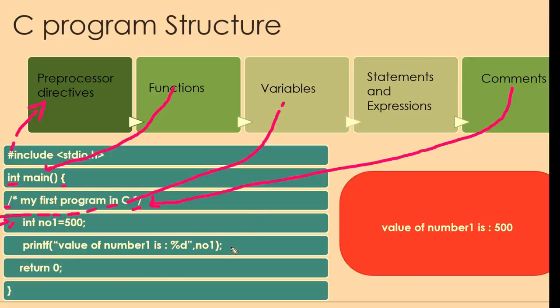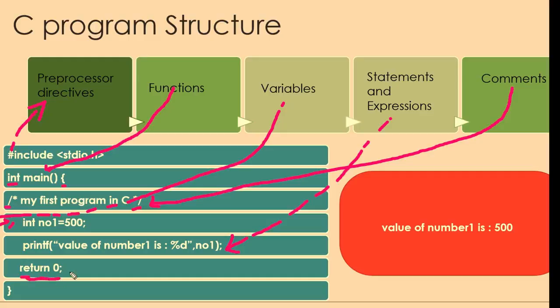Here is the statement: printf, the value of number1 is %d, double quote close, comma number1. Here I have declared the value of number1 and I have passed this number1 inside the printf.